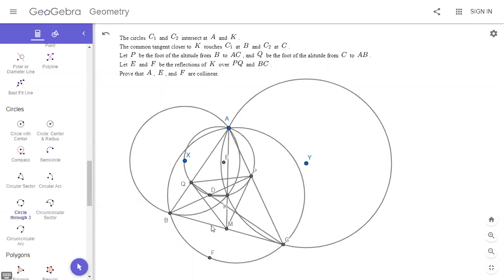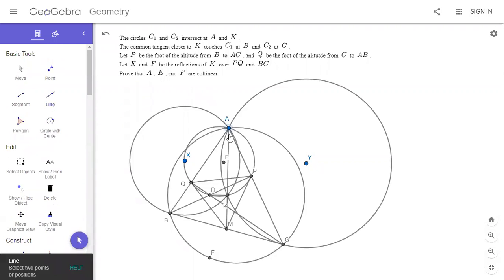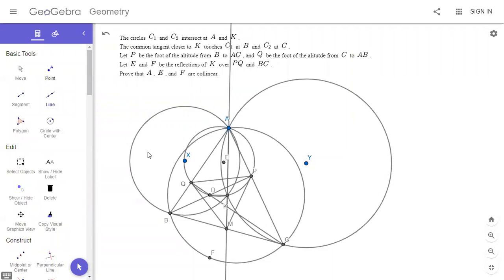Okay, so I see a proof of why F lies on this median. If AM hits the circle at another point G, then since KM is equal to MF, KM is equal to MF is equal to MG.